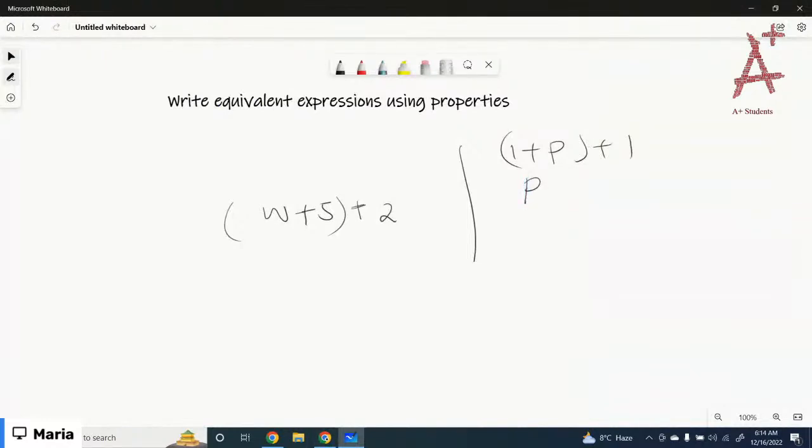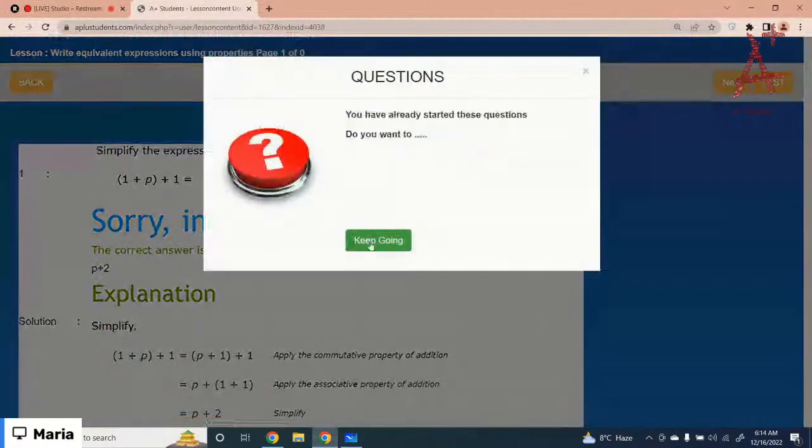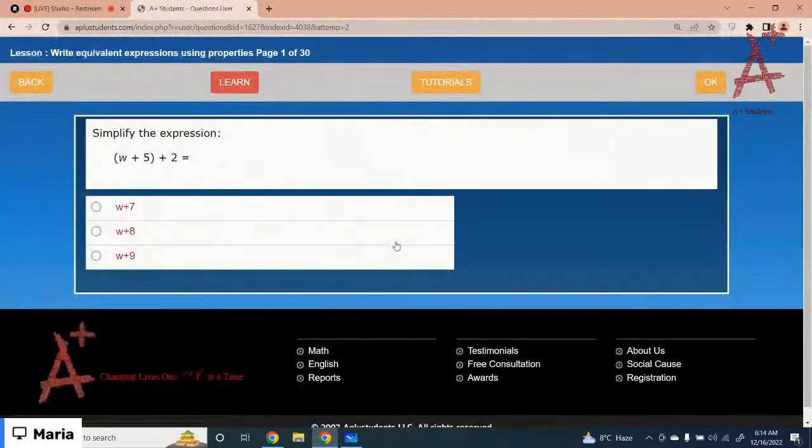In addition, you have to do p plus 1 plus 1. Then you add the like terms, you have to collect them. It would be p plus 2. Got it? So just go through once the names of the properties. Commutative and associative property we are mostly using.